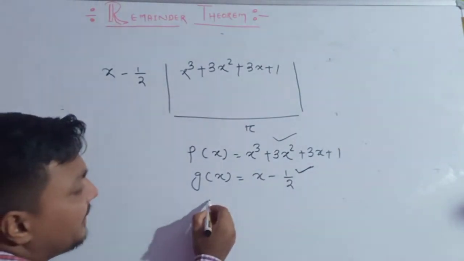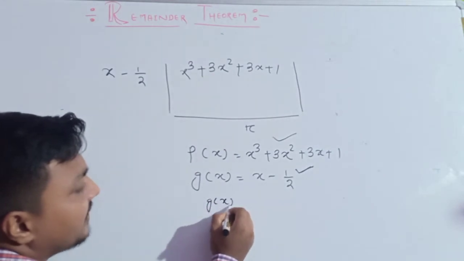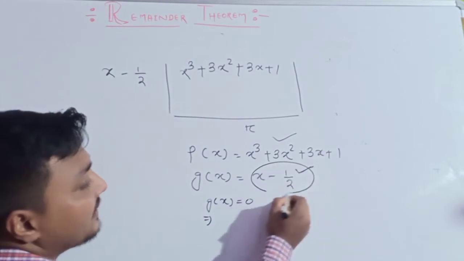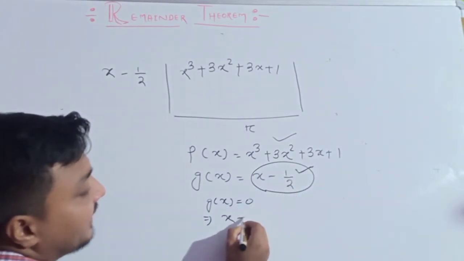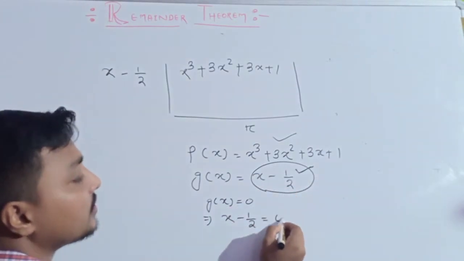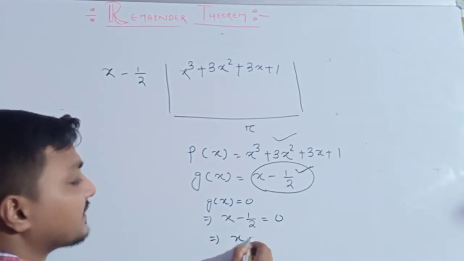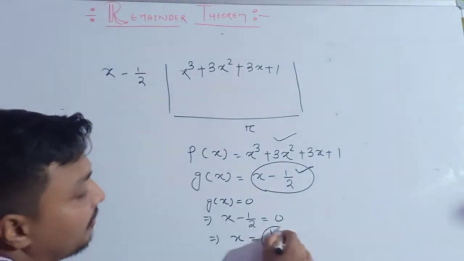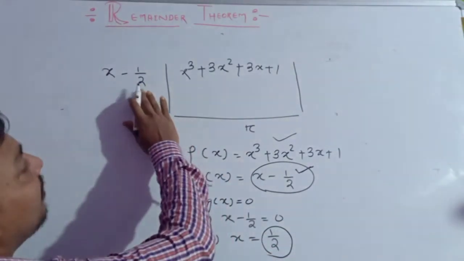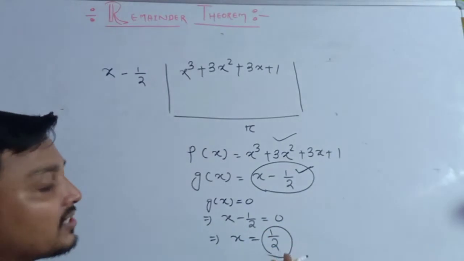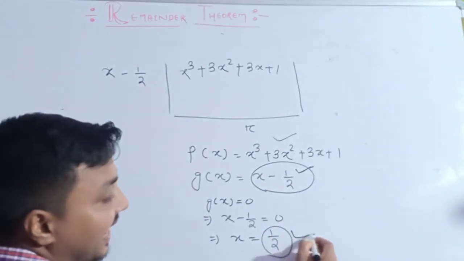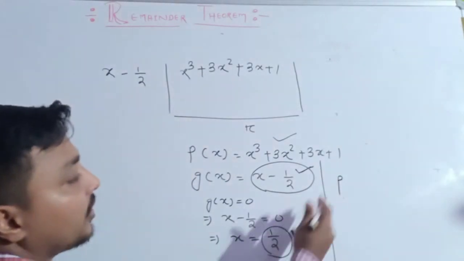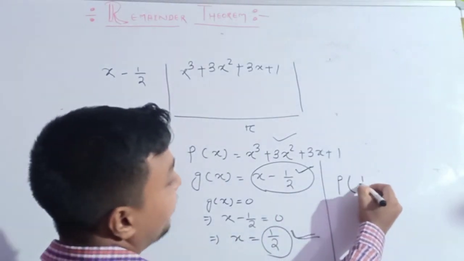Zero of the divisor means g(x) is equal to 0, which gives x equal to 1 by 2. So at the zero of the divisor, we just have to find the value of the polynomial. The polynomial value we have to find at the point 1 by 2.